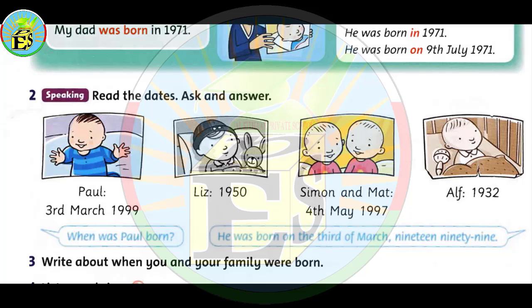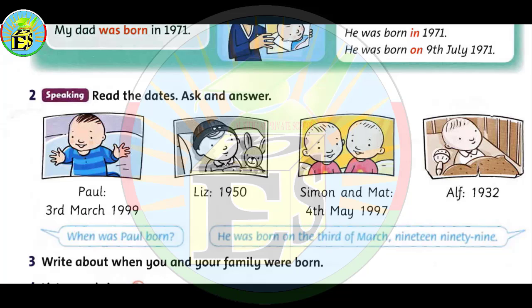So how are we going to form a question? We will say, when was Alf born? The only thing that we have here is the year, so we don't have the complete date with the day and the month and the year. So the way to say that is, he was born in.